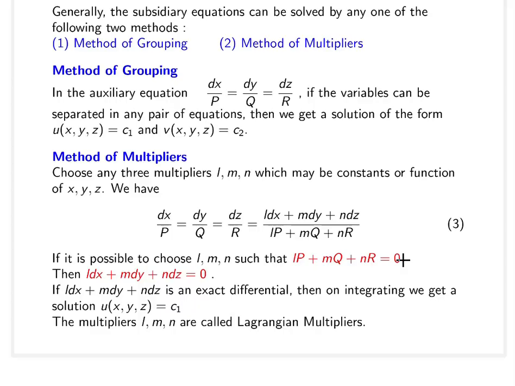If we choose that, then we equate the numerator to 0, that is L dx plus M dy plus N dz is equal to 0. If L dx plus M dy plus N dz is an exact differential, then on integrating we get a solution u of x comma y comma z is equal to c1. Here the multipliers are called Lagrange multipliers.